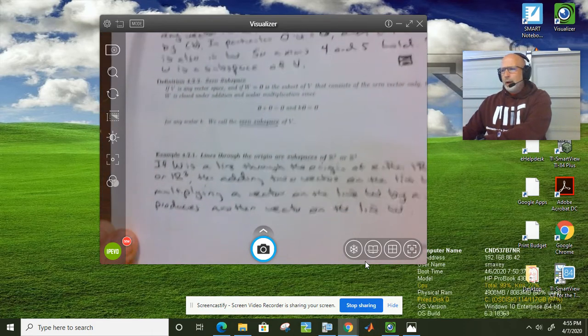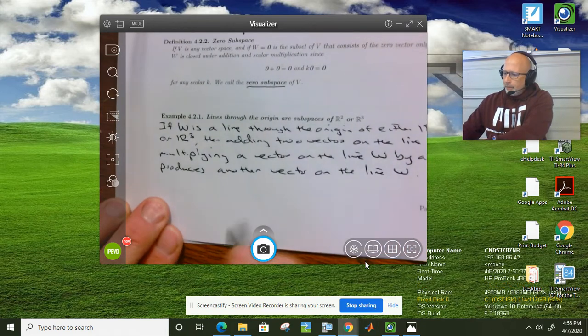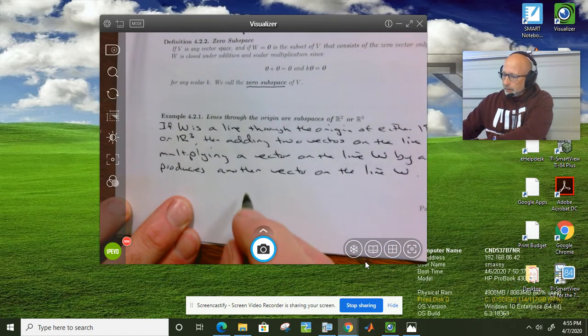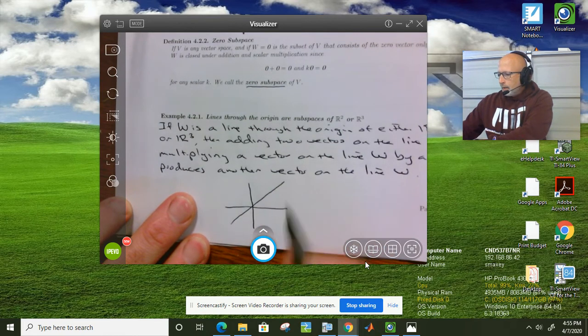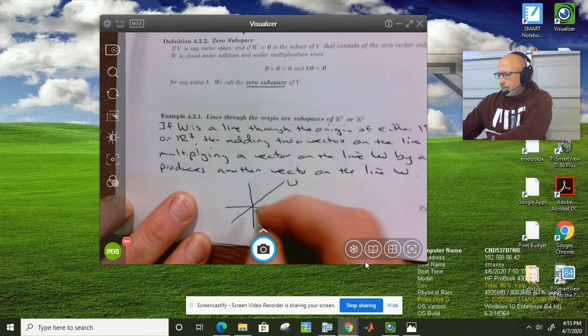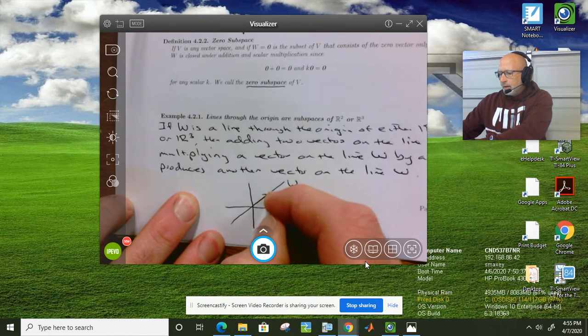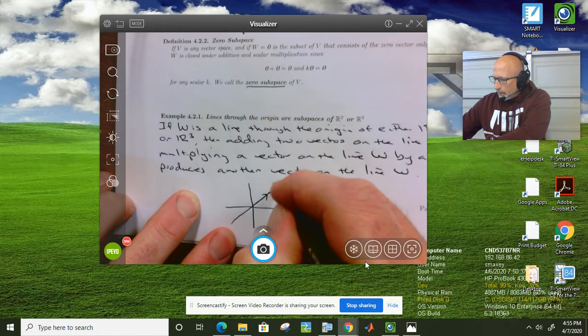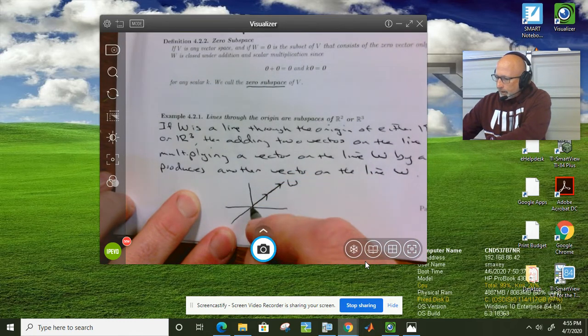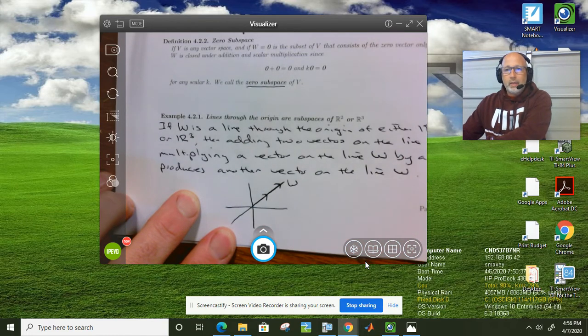Now, what does that mean? Why exactly does that work? Well, I'm only going to do this for a line. You have a line that goes through the origin that looks something like this, and this is the line W. If you have a vector that lies on this and you add it to another vector, tip to tail, the sum is the whole entire vector, which still lies on that line.